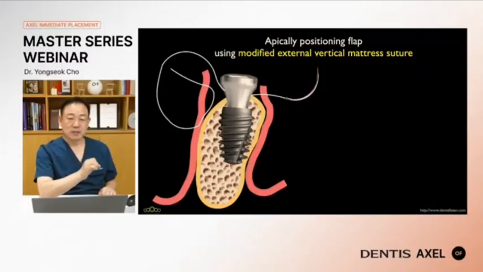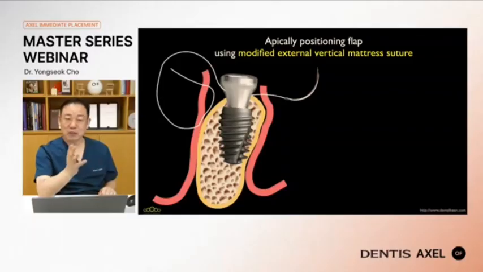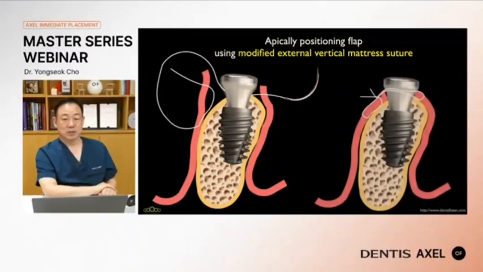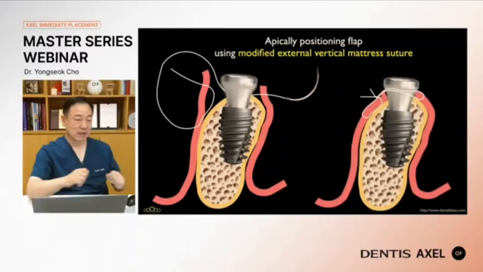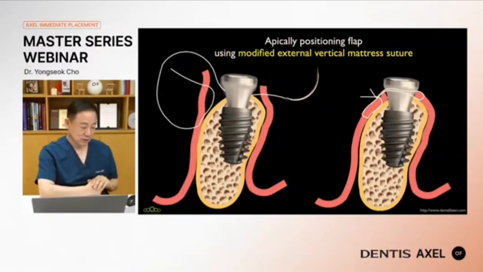The original external vertical mattress suture means we must pass the lingual flap the same as the buccal side, but there is no need in implant surgery cases, so it is a modified external vertical mattress suture. Then when you make a knot, the buccal flap will move downward and be apically positioned.